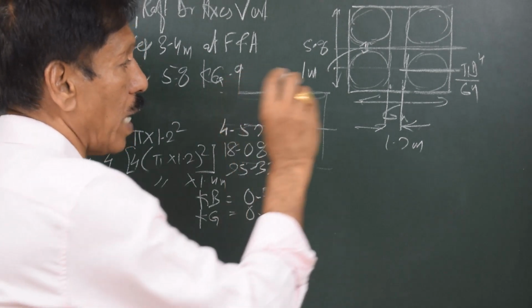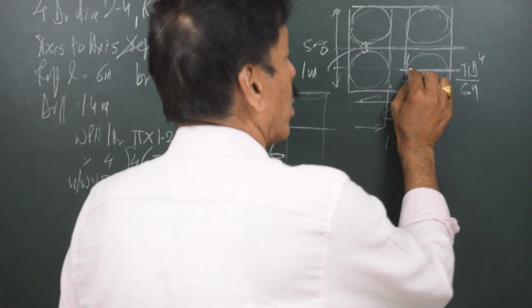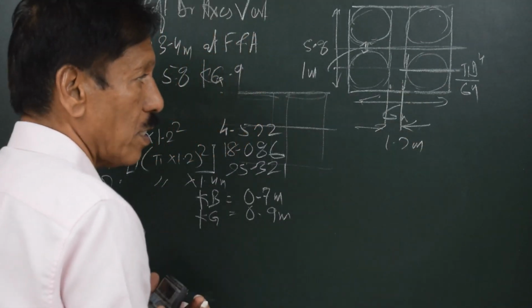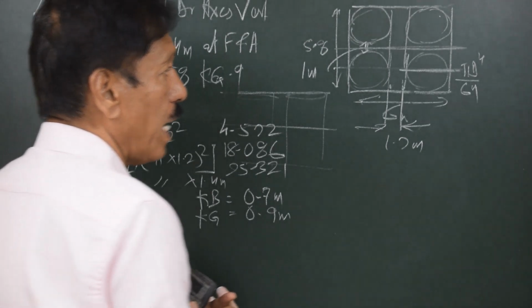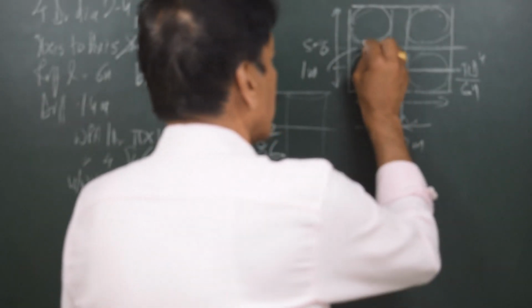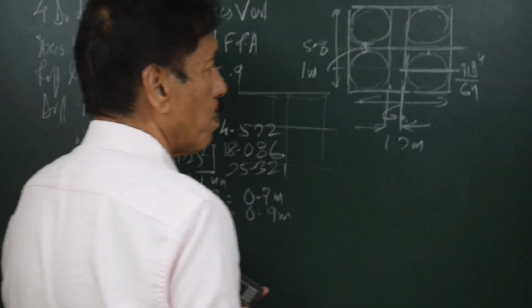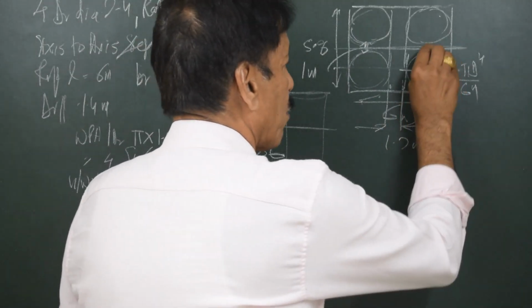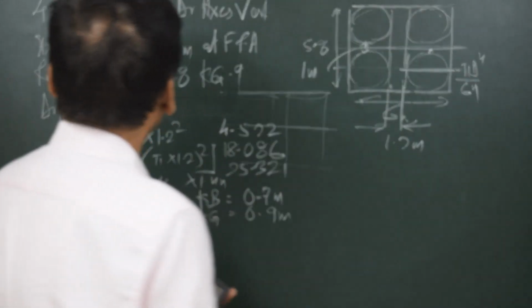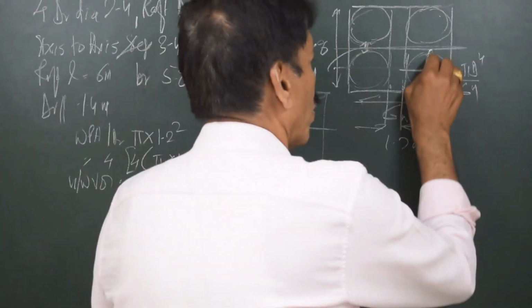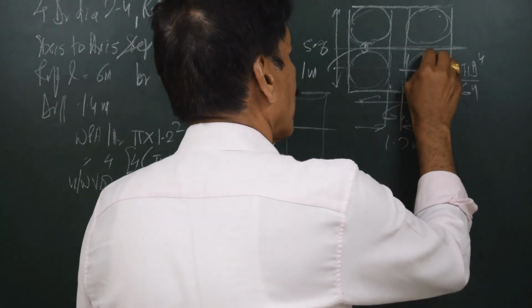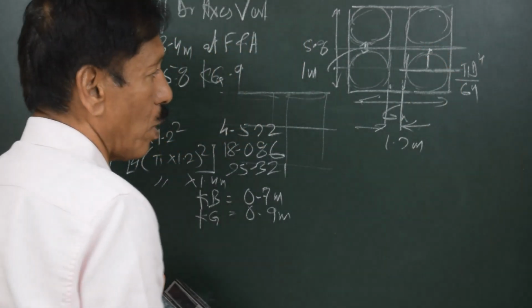Now I want moment of inertia about a remote axis, which is different than the axis passing through the centroid. And as I told you, this gap is 1 meter. That means this gap is 0.5 meters from the common center line. This is 0.5 and the radius is 1.2, total distance is 1.7.